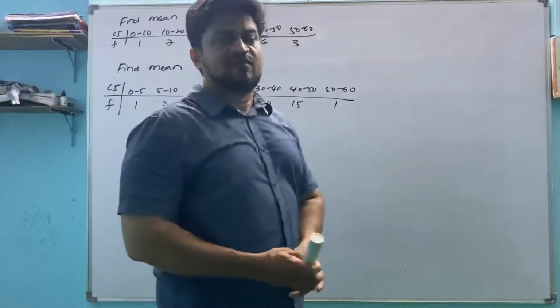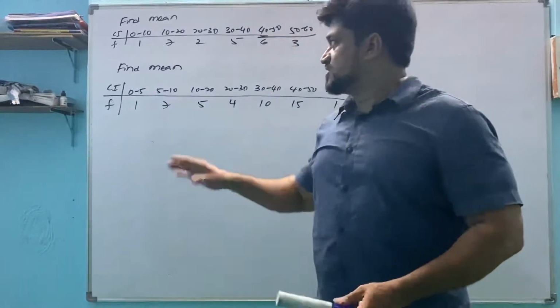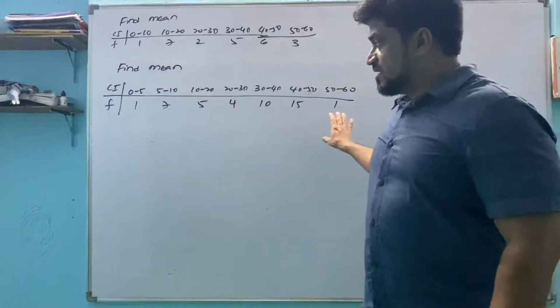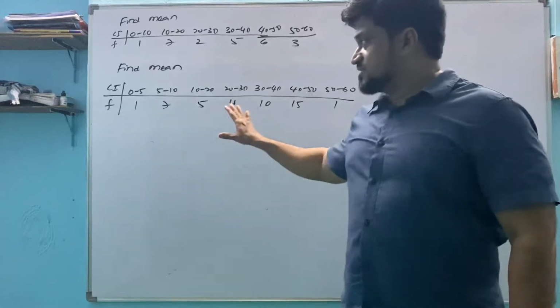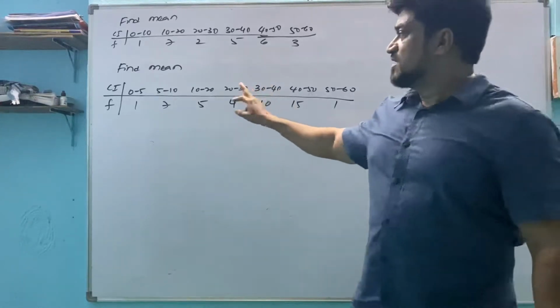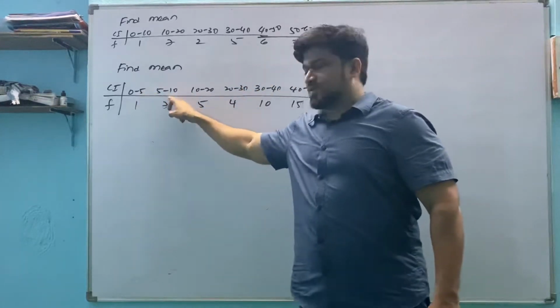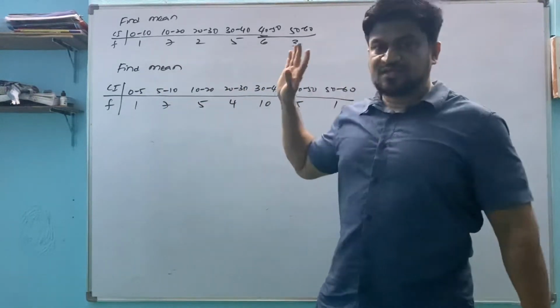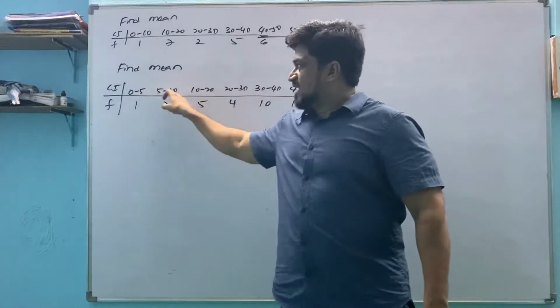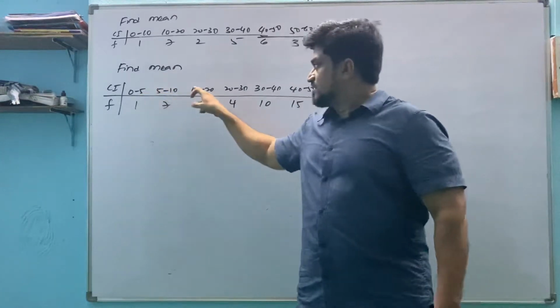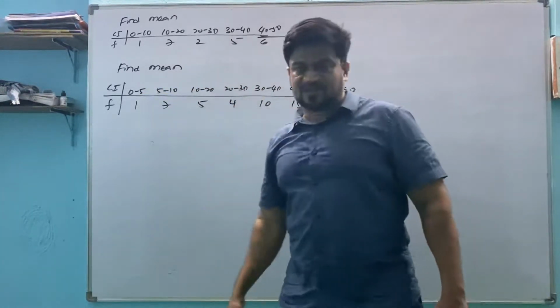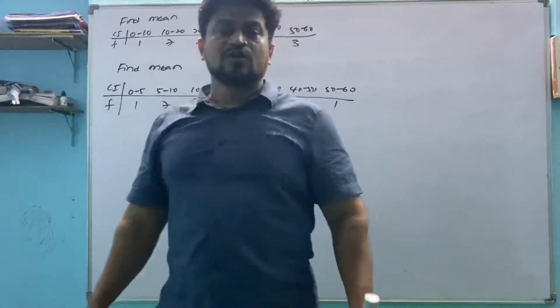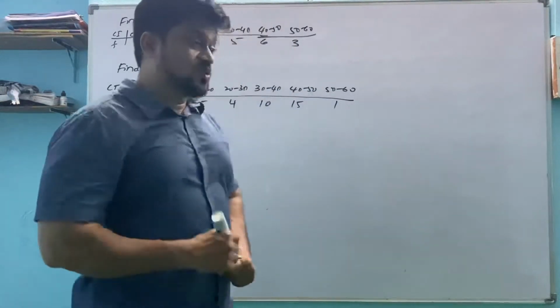what we'll do, we have to check whether we need to arrange the question to start doing the answer. We need to arrange this question or not. So by seeing this, we find 0 to 5, 5 to 10, then 10 to 20, 20 to 30, 30 to 40, 40 to 50, 50 to 60. We find two classes which are of 5 length and the remaining classes are of 10 length each. So we'll rewrite this question.